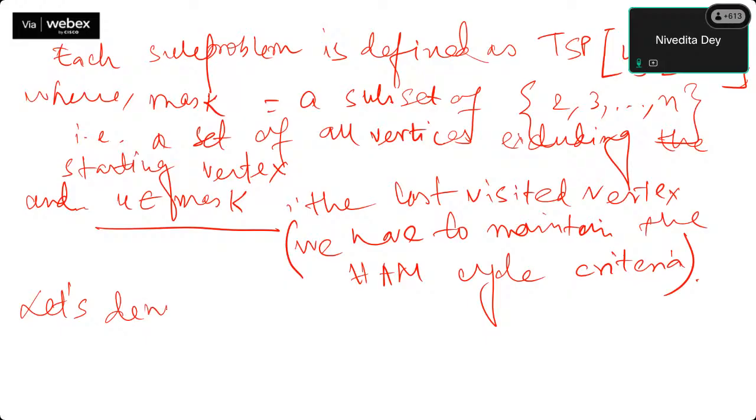Let's denote m equals to n minus 1. N is the total number of vertices. So this is excluding the source node.